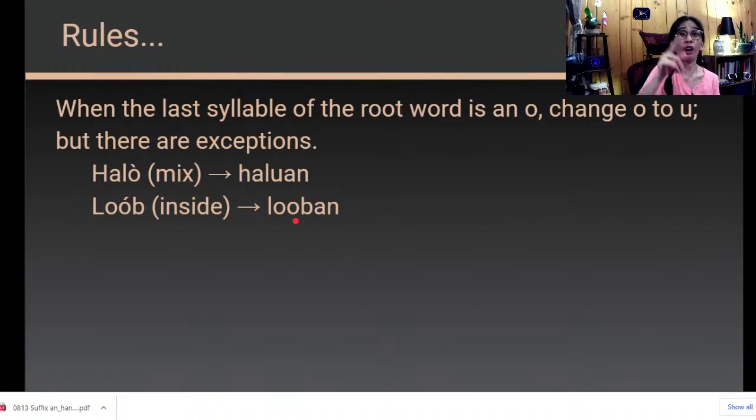So looban means inside. Loob, inside. Looban is the space, the place, the whole thing. Visualize looban. Later I have a picture to demonstrate looban. Take note, looban. So you're going from your dirty kitchen to your clean kitchen, from outside to inside.